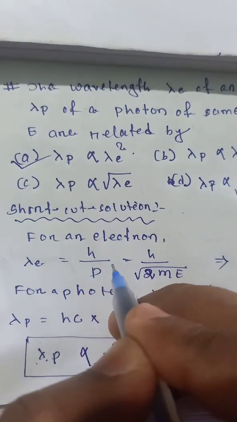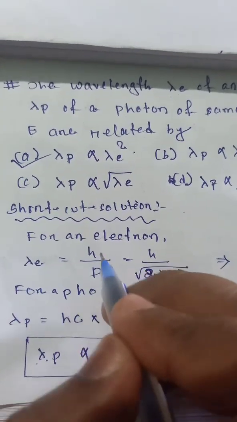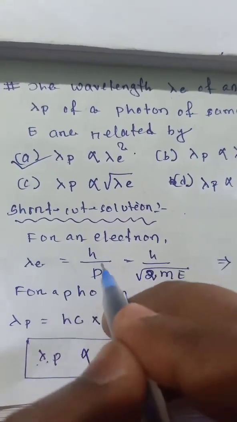According to the de Broglie wavelength, lambda equals h by p, where h is the Planck constant and p is the momentum.